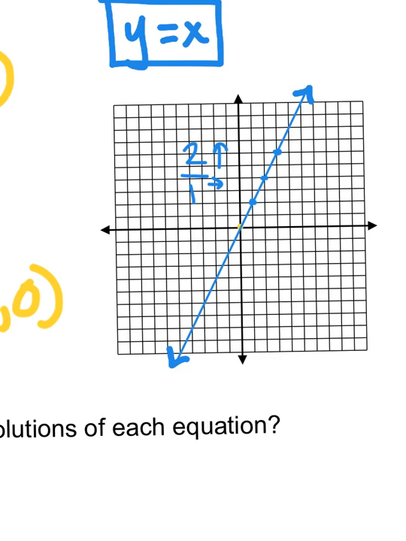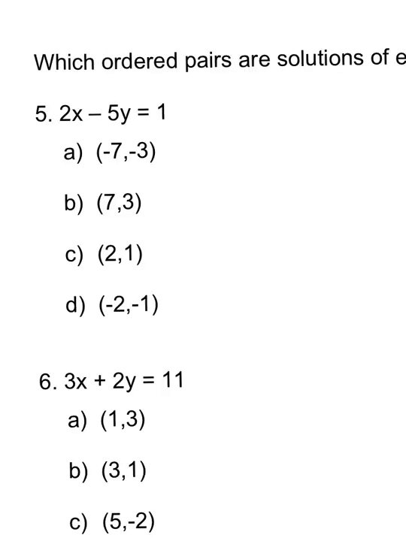Let's move on to number 5. On number 5, it asks which ordered pairs are solutions to each of the equations. So when we're given an equation, any point that is a solution is a point that is on the line. So to test this, we can test the x and y value by substituting it into the equation. So we'll substitute and then simplify.